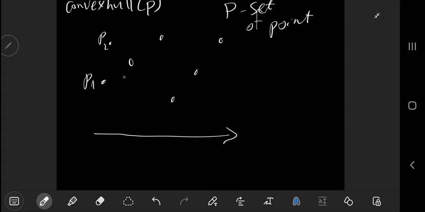So you can understand this is P3, P4, P5, P6, and P7. Okay, we start with sequencing, and then we start with the first 2 points, this one and that one, and now we start to run.